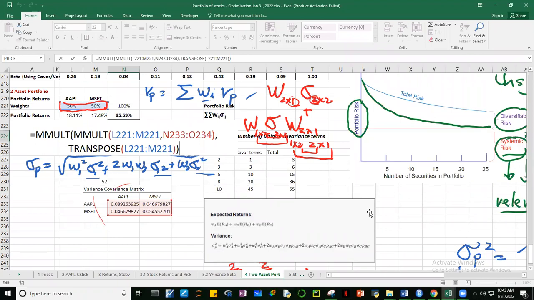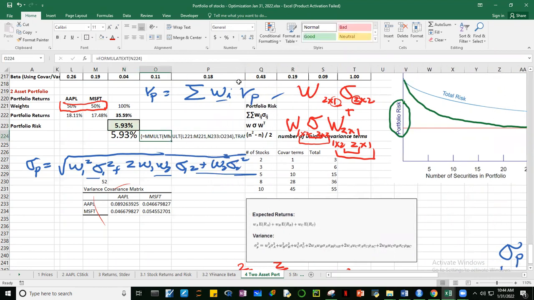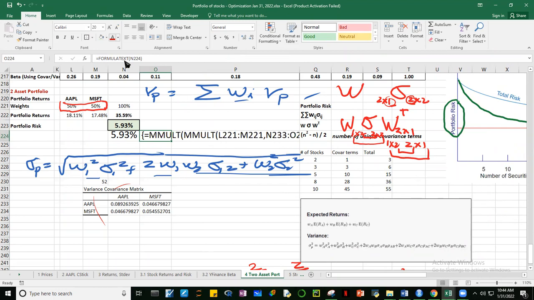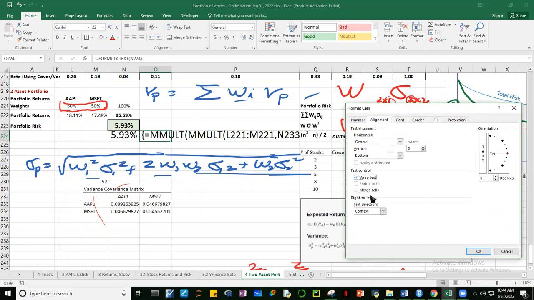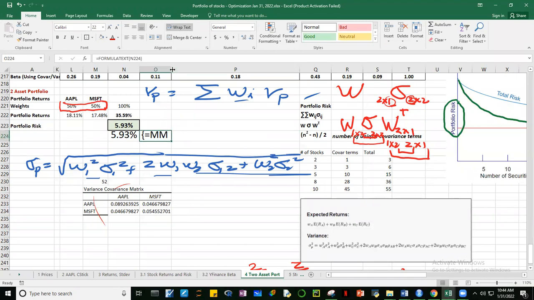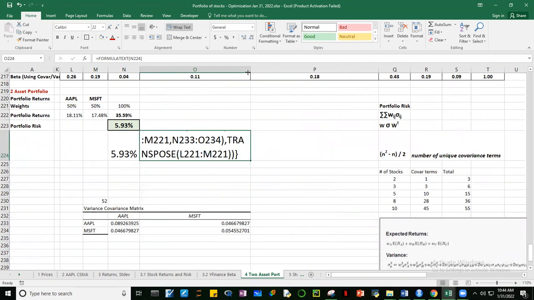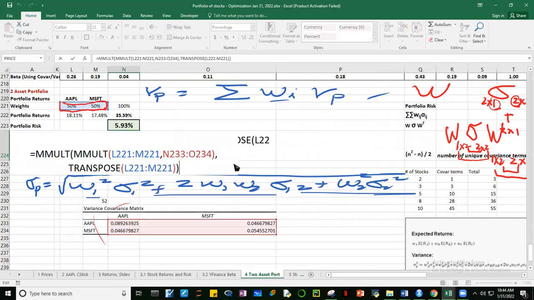Control-Shift-Enter. Lagay ko nga dito. Okay, paki-chat nga, guys, kung ano, it's almost time.